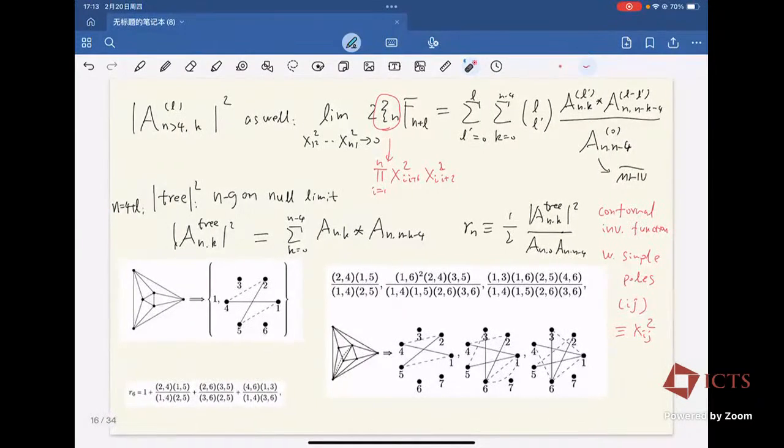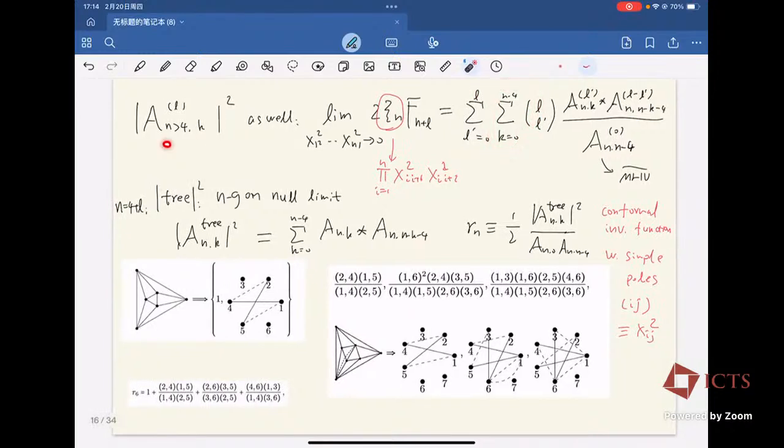Starting at 5 points, you already have MHV times MHV bar. 5 point is still relatively trivial, but for 6 point you have MHV times MHV bar, but also NMHV squared. The F graph can never distinguish between different k sectors. It always gives you a sum over all the k sectors, for larger than 4 points.